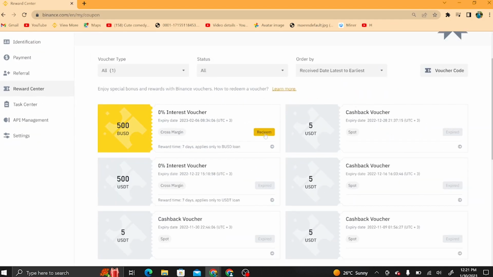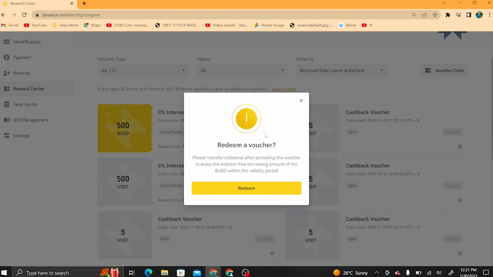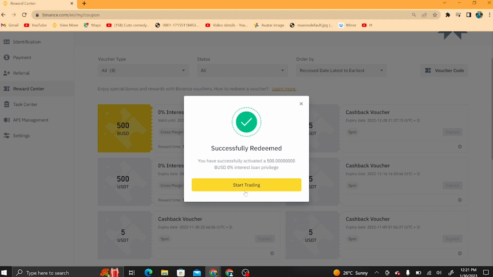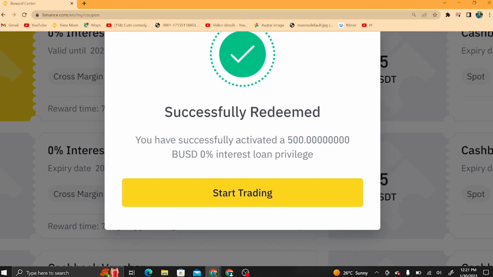You just have to see the condition: please transfer collateral after activating the voucher to enjoy interest-free borrowing of the BUSD within the valid time. You can see we have already redeemed it by clicking, and you have successfully activated the 500 BUSD zero interest loan privileges.